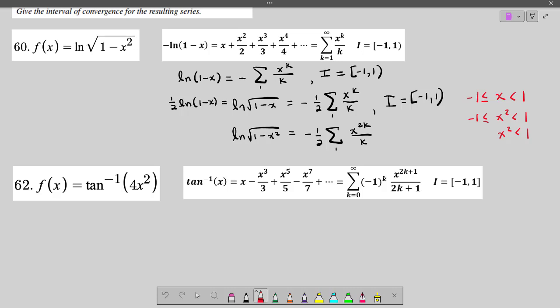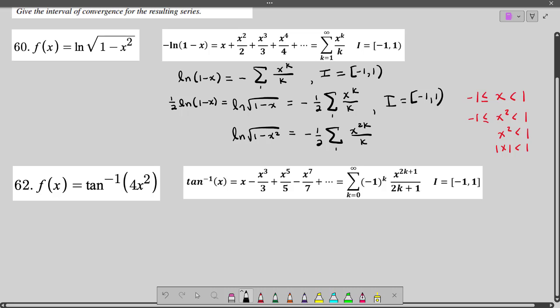This is always true. X squared is always greater than or equal to -1, so it's really the right side of the inequality that's important. You take the square root of both sides, and you get that. And so the IOC here, we've lost a point. The IOC here is the open interval.